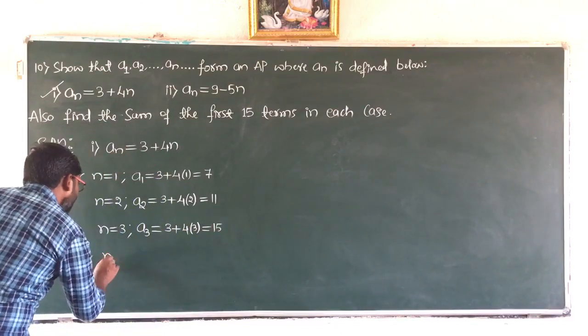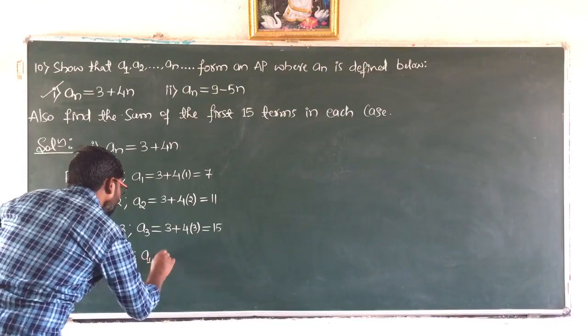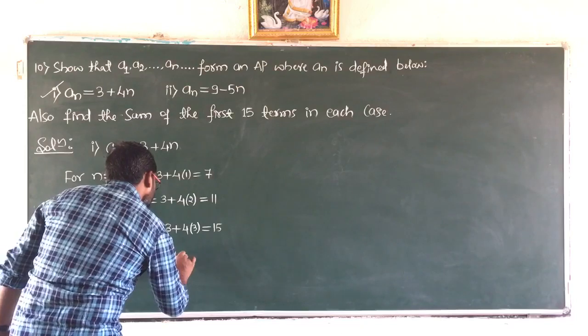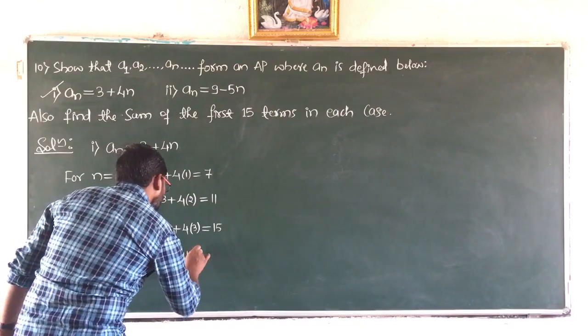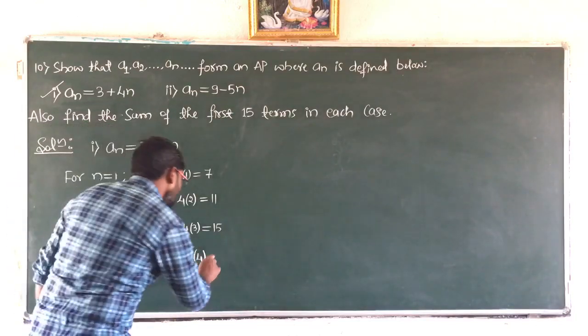Then n equal to 4, a4 is equal to 3 plus 4 into 4. So now 4 into 4 is 16 plus 3 is 19.